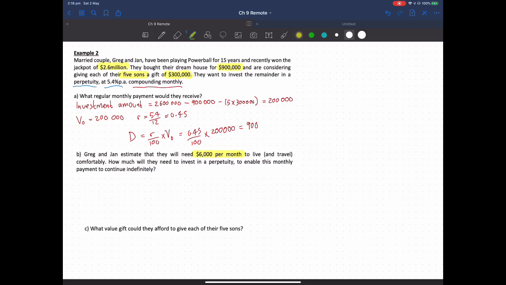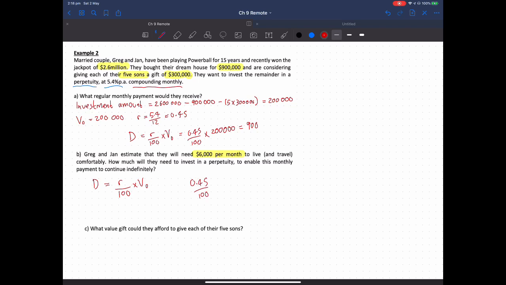So now we're going to work our problem backwards. We know D is equal to R on 100 times V0. What we also know is that R is equal to 0.45 on 100.